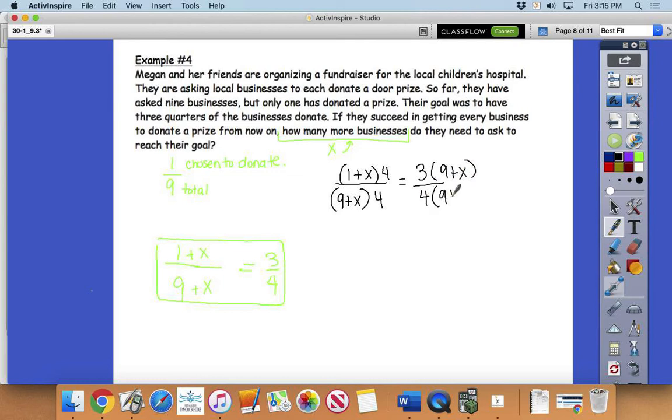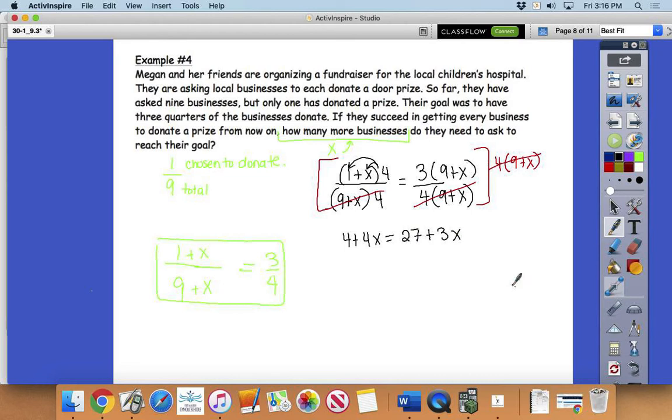Now we're going to multiply both the left side and the right side by the common denominator of 9, 9 plus x, and 4. What that does is it crosses all of these off, so it crosses off your denominators, leaving you with, if I distribute, 4 plus 4x equals 27 plus 3x.